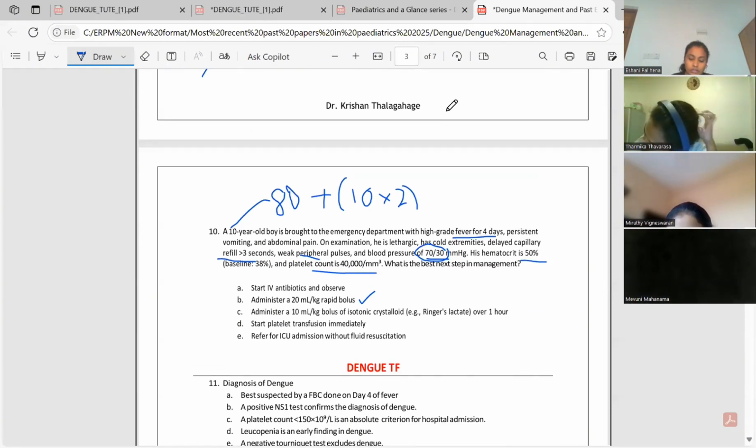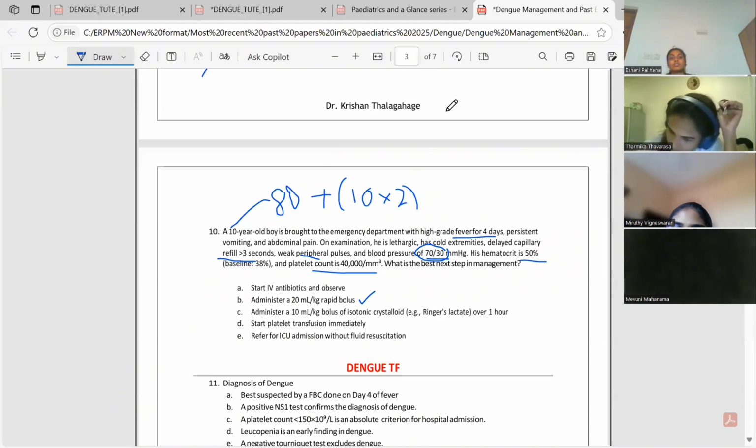For you to say that it is decompensated, it doesn't necessarily have to be unrecordable blood pressure. Decompensated shock could present with very low blood pressure but recordable. How do you differentiate?